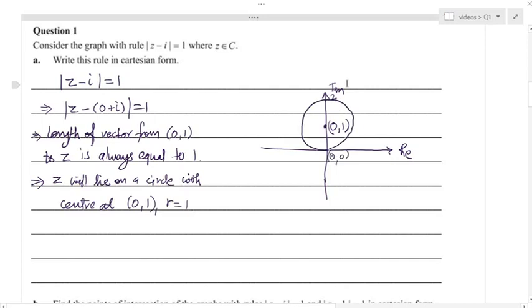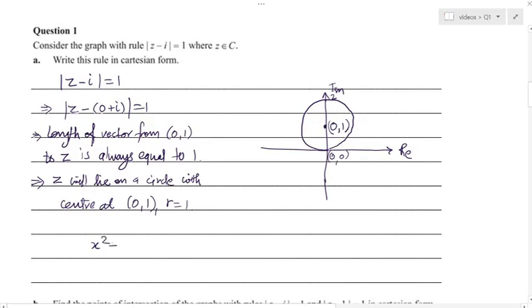So all we need to find is our x and y. Our z will always be on this circle, and x and y basically describe a circle here. So the equation of the circle, if you do some translation, will be x squared plus (y minus 1) whole squared equals 1.